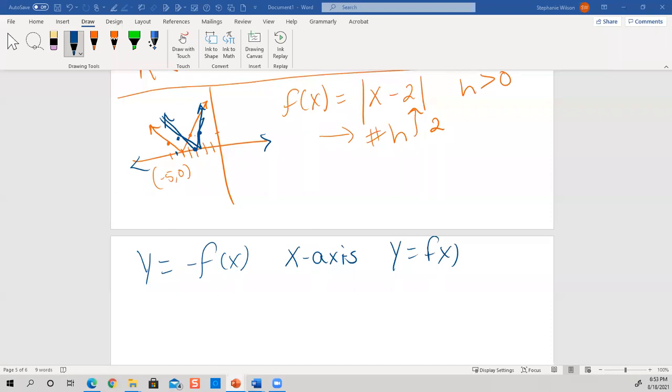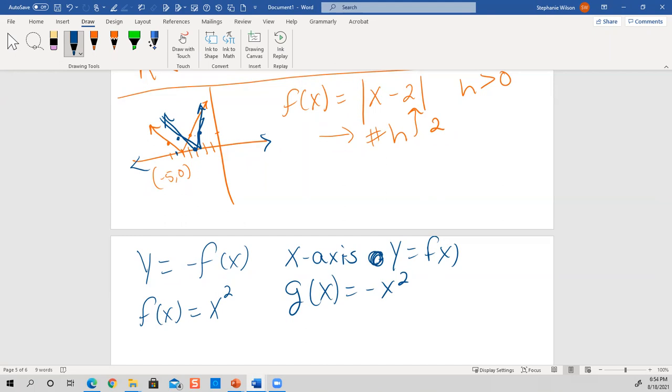Okay. So if we have this function f of x is equal to x squared, and we have this other function, right? So this is going to be my main function right here. We have this other function, g of x is equal to negative x squared. Well, what is that? That is my reflection of f of x. And remember, g and f are just the names of the functions.